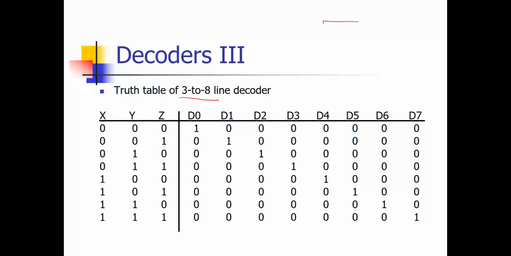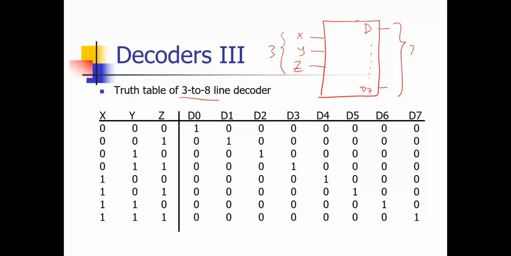So basically, you have here a decoder where the number of inputs x, y, z equals 3, and the number of outputs, obviously, d0 all the way to d7. And this will be 2 to the 3, which equals 8.